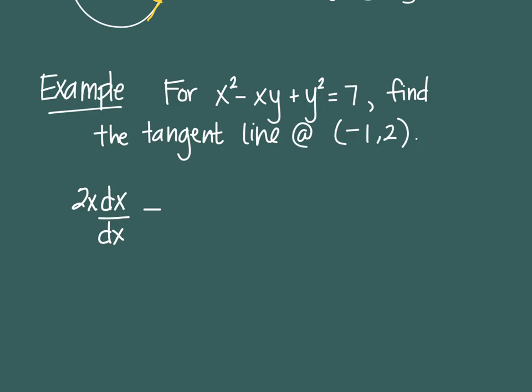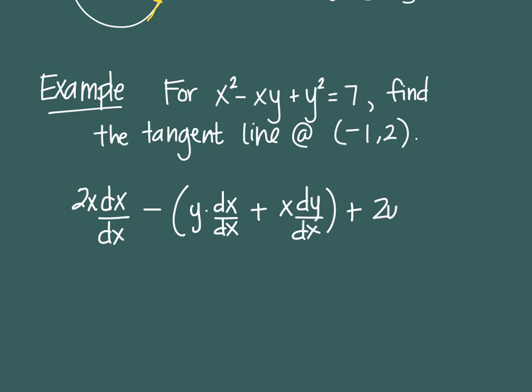So instead, we need to apply the product rule in parentheses so that they're affected by the negative sign. So we will have y times dx dx, so y times the derivative of x plus x times the derivative of y. Then, for the y squared, it would be 2y dy dx as well, and then equals 0.